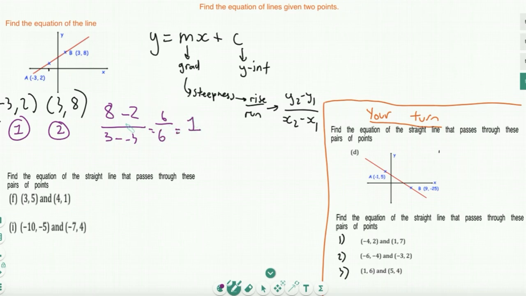Well, we know straight away that the gradient is going to be 1. So y is equal to m is 1, so 1x plus c.